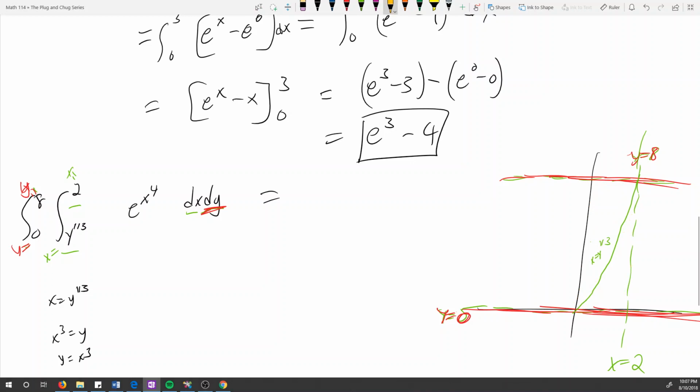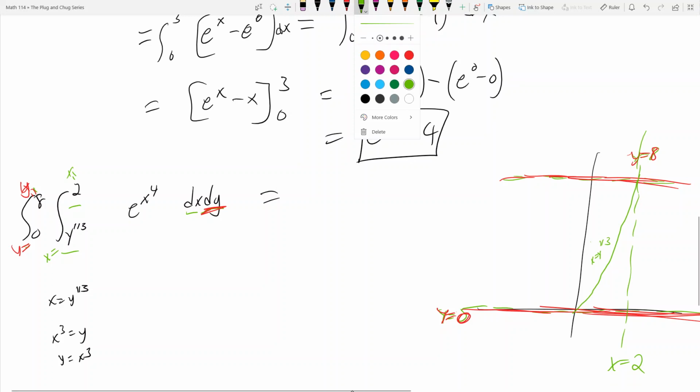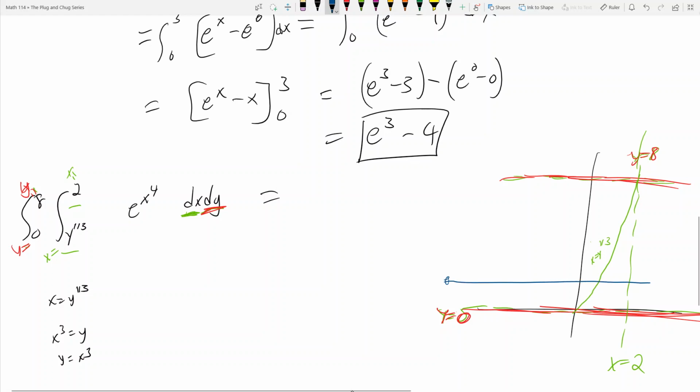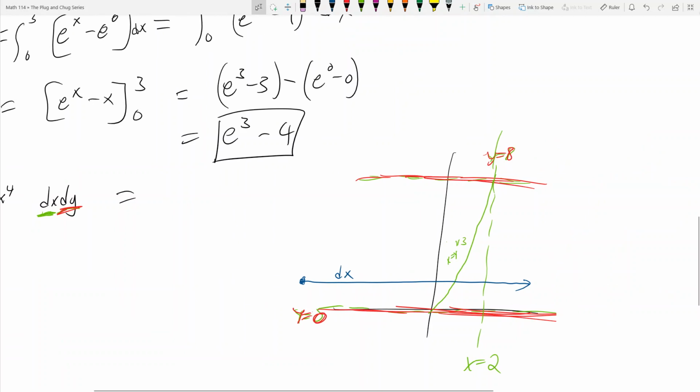So what you want to do then is, here's dx. When you have dx, the bottom variable tells you essentially, if you go from left to right parallel to the x-axis, I know this is a terrible picture, but that's the y-axis, this is the x-axis down here.